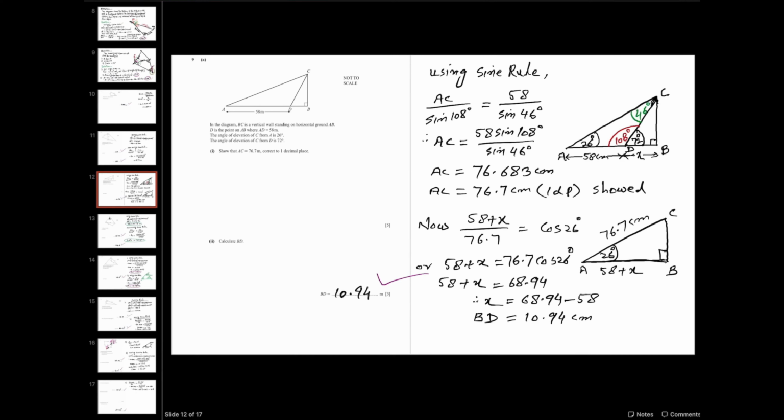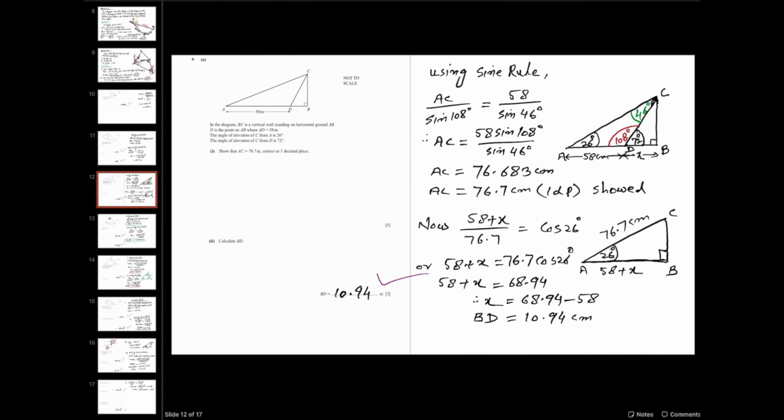Now in order to get this result, we are using sine rule. So AC upon sine 108 degree is equal to 58 upon sine 46 degree. Therefore AC is equal to 58 sine 108 degree upon sine 46 degree.